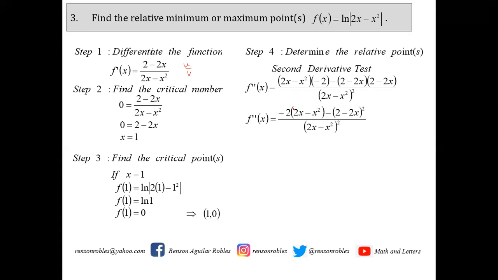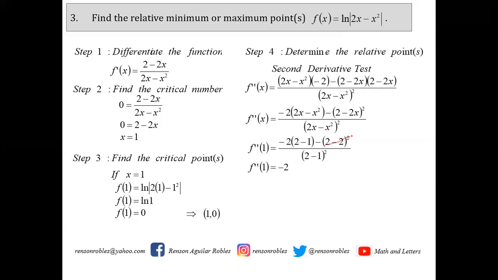So that's negative 2 times the quantity 2x minus x squared minus the quantity 2 minus 2x squared, all over the quantity 2x minus x squared, squared. And then to test whether this is a relative minimum or maximum, we replace x by 1. So we shall have negative 2 times 1 is 2, then 1 squared is 1, minus 2, then 2 times 1 is 2.